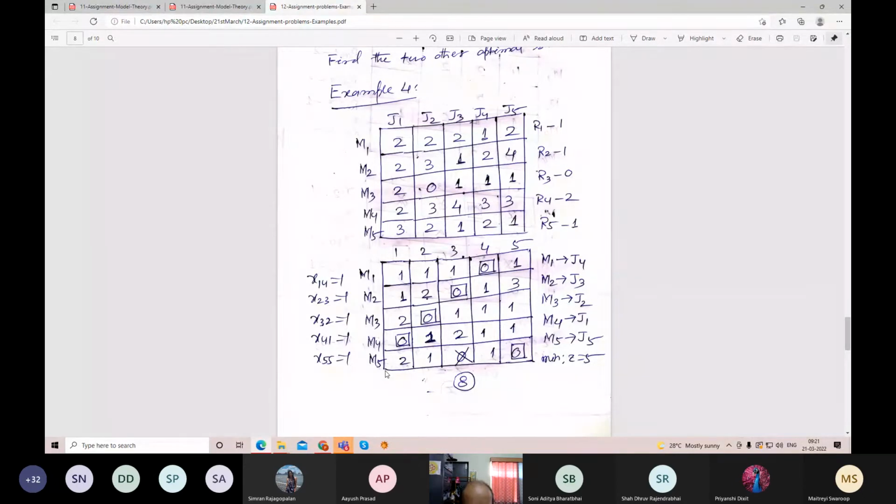And for the fifth row, machine 5 to job 5. What we have obtained here is the minimum cost, which is 5 units. Z equal to 5 units.